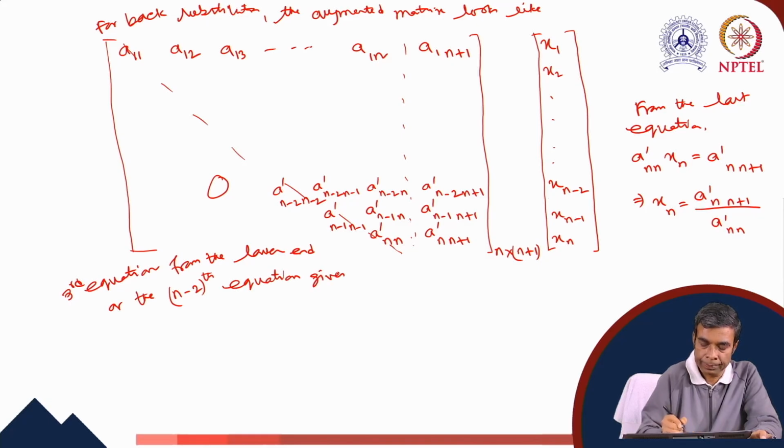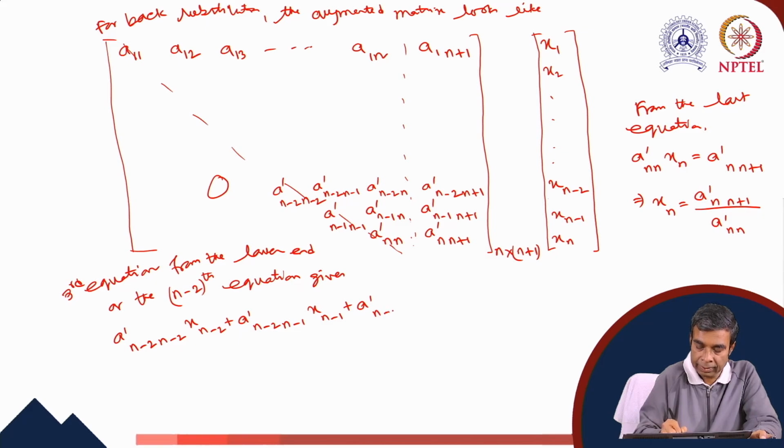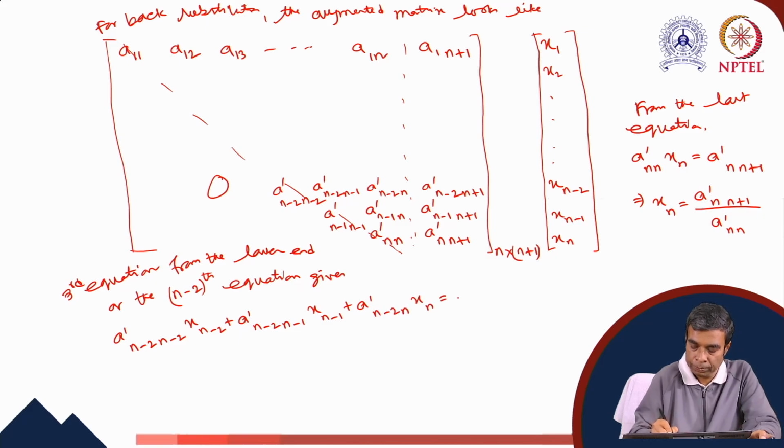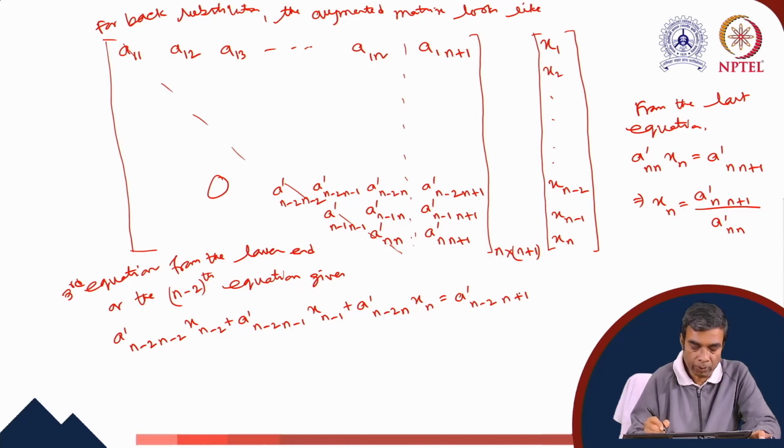It gives A dash n minus 2 n minus 2 x n minus 2 plus A dash n minus 2 n minus 1 x n minus 1 plus A dash n minus 2 n xn equals A dash n minus 2 n plus 1.